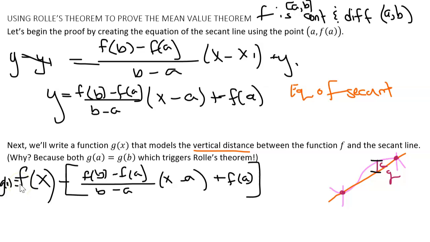Well, that means that there has to be a point c somewhere on g(x) where the derivative is equal to 0. So the derivative of g(x) is g'(x), which is equal to f'(x) minus the derivative of the secant line, which is just going to simplify to be its slope.